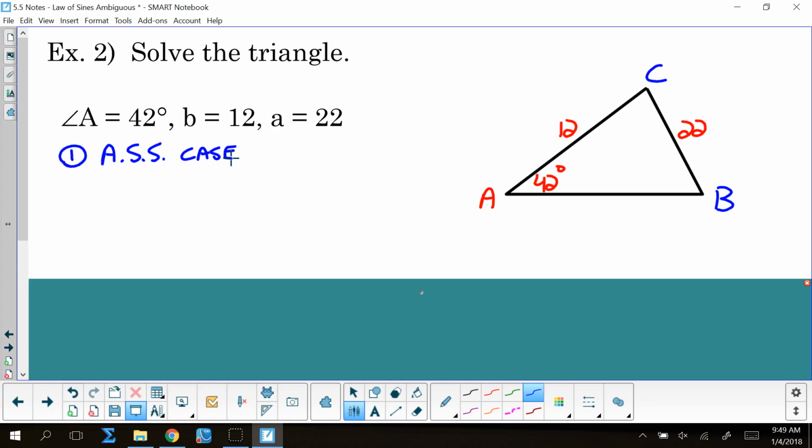Okay? All right? Second check. What kind of an angle am I given? That's an acute angle. Okay? So I'm still in the ambiguous case. 0, 1, or 2. Third check. What is the comparison between my opposite and my adjacent sides?